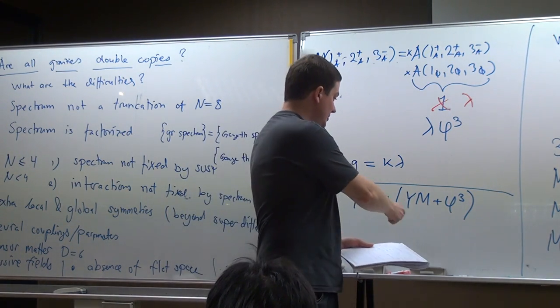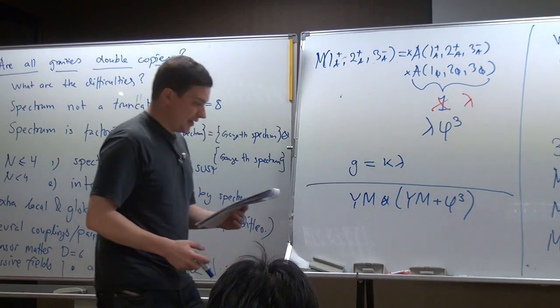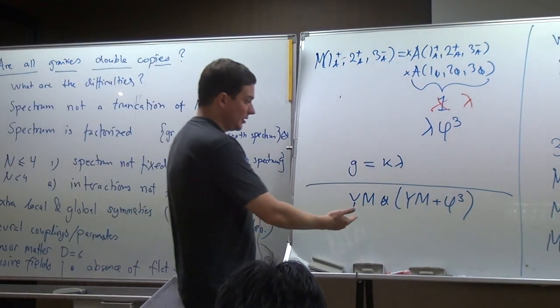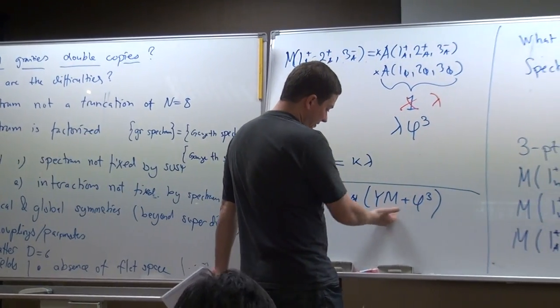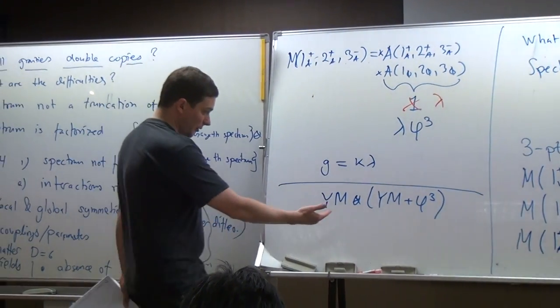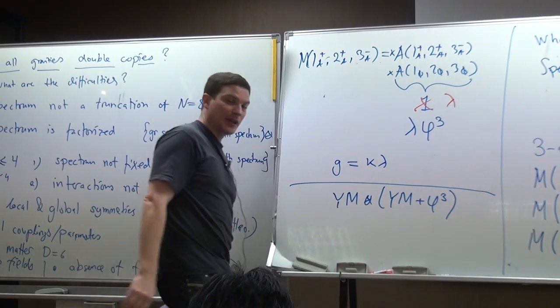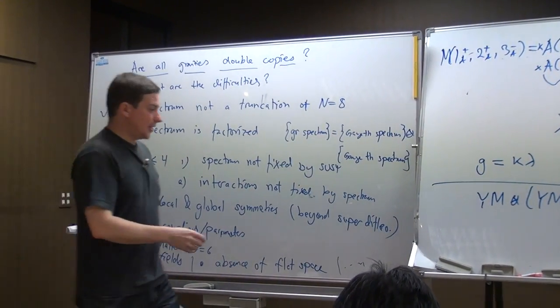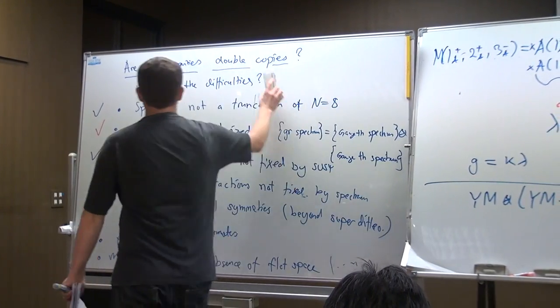Okay, so let me continue talking about just this gauge theory. The goal here is to properly identify what this theory is. So far we only know its cubic interactions, and we need to know the full theory. So let me do it over here.